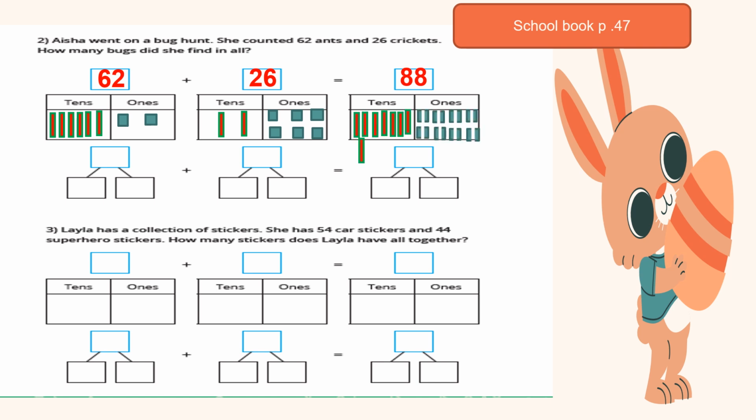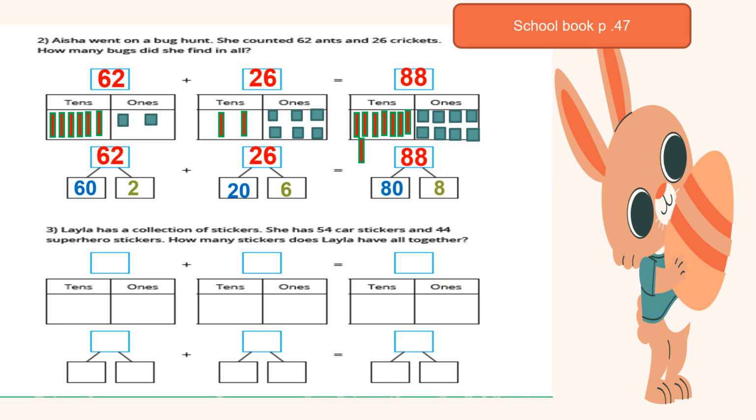Also 8 small squares. Let's decompose 62. 60 plus 2. Let's decompose 26. 20 plus 6. Let's decompose 88. 80 plus 8.